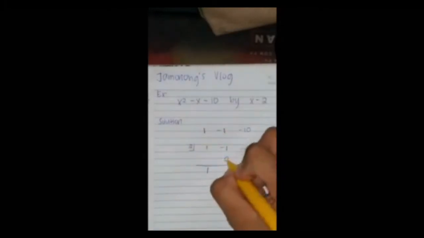Multiply the first coefficient by a, which equals 2, and then write the product below the next coefficient. 2 times 1 equals 2. Step 5. Add the result in step 4 and the second coefficient, then write the sum below the horizontal bar. Negative 1 plus 2 equals 1.